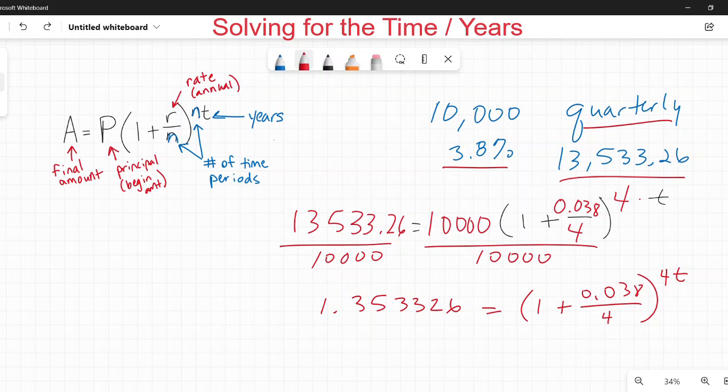When I divide 0.038 by 4, I get 0.0095. When I add 1 plus 0.0095, I get 1.0095.